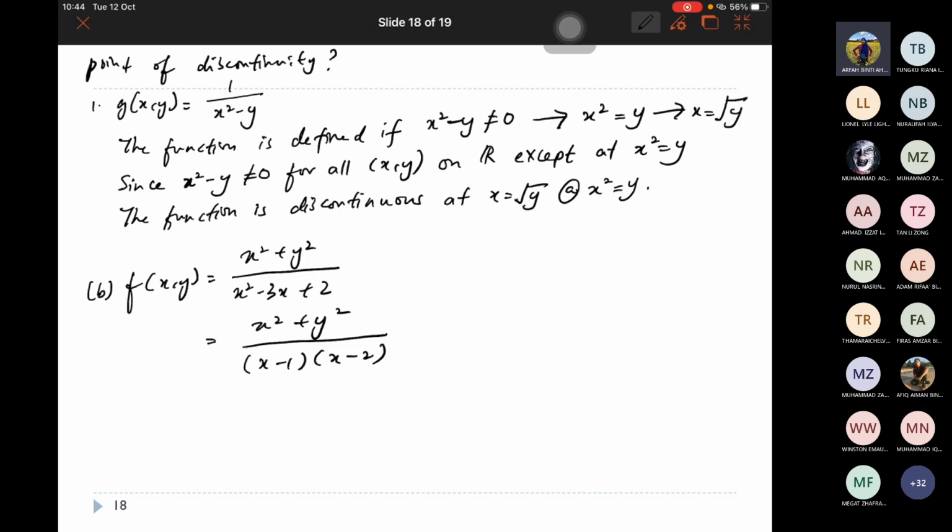Tu saya dah simplify the function. So in this case, dekat mana fungsi ini akan jadi undefined kalau dia punya denominator sama dengan kosong. Okay. That is bila x tolak 1 dapat kosong, x tolak 2 dapat kosong. So the function jadi undefined.